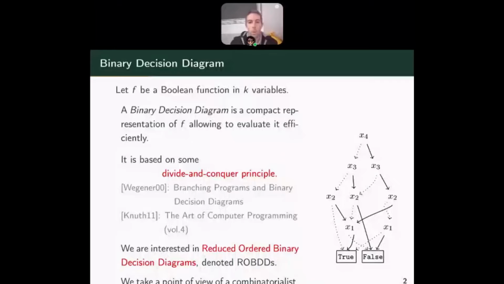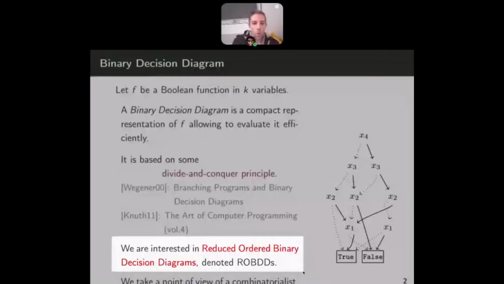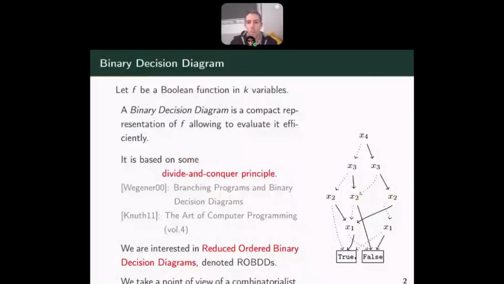And in the rest of the talk, we will focus on reduced ordered binary decision diagrams. So what does ordered mean? Ordered means that if you take a path from the root to one of the constants of the DAG, directed acyclic graph, then the variables are always ordered in the same way.